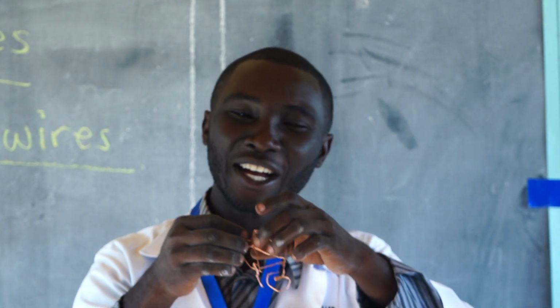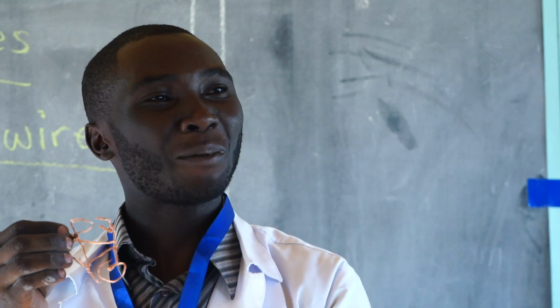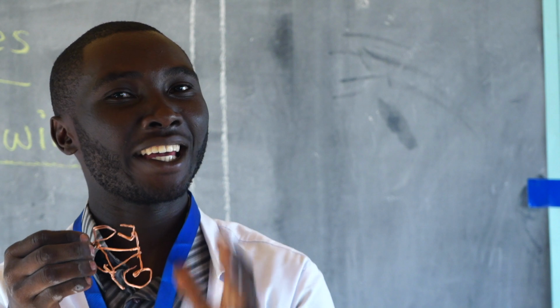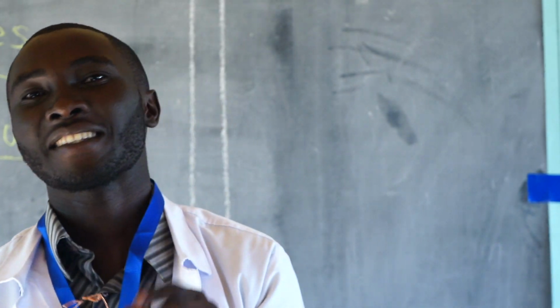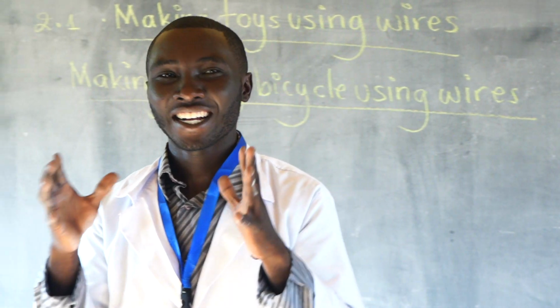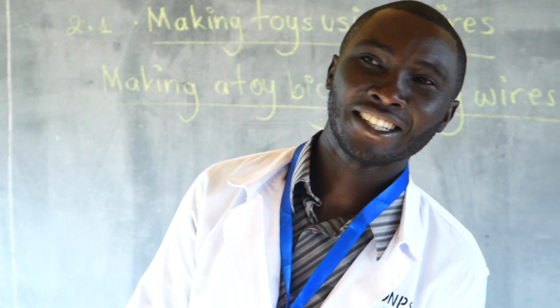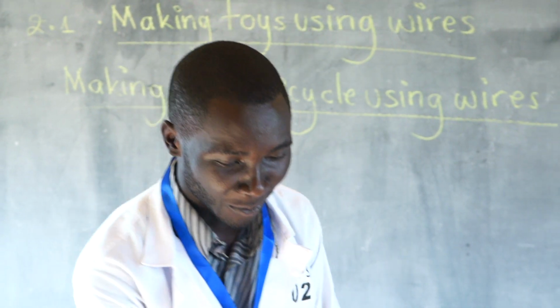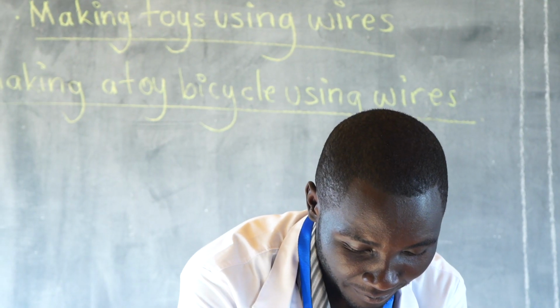And by here, we can tell the steps of making a toy bicycle using wires and the wire cutter. Okay, thank you for following, and then I hope that everyone here can repeat what I have said. And let us see who still remembers.